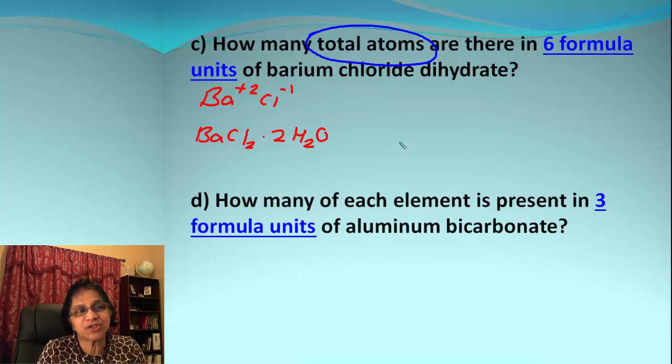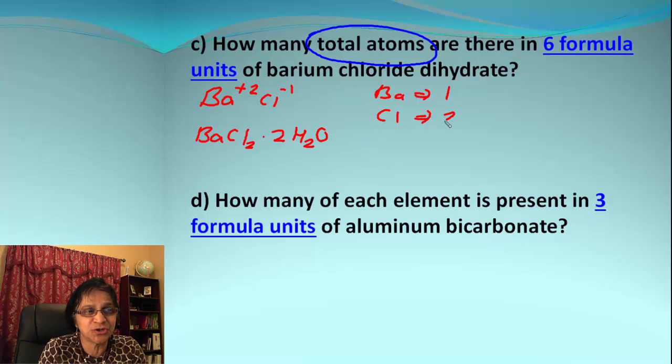Let's take for each formula unit how many total number of atoms we have. So barium is 1 atom in one formula unit. Chlorine, we got 2. Hydrogen, look carefully, it is 2 times 2, so it will be 4. And for oxygen, same way, it is 2 times 1, so it will be 2.